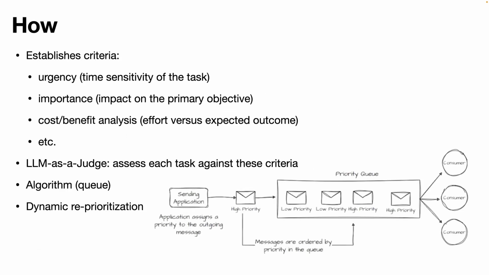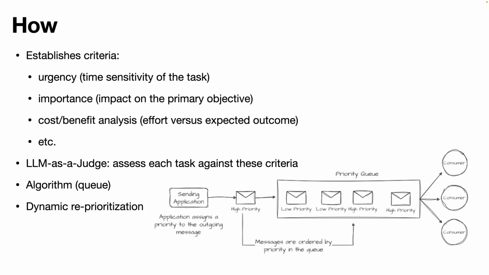The implementation of such prioritization is again pretty simple. First of all, you have to establish different criteria like urgency, importance, maybe cost-benefit analysis. The common way to assess your tasks against these criteria is using an LLM as a judge.